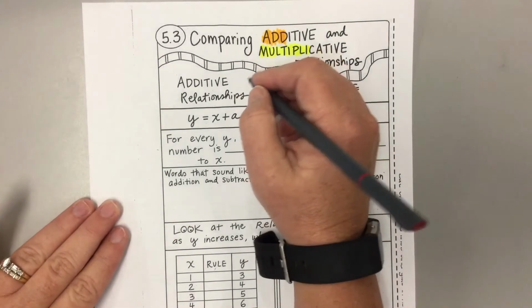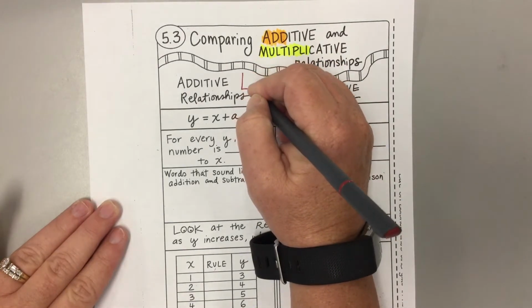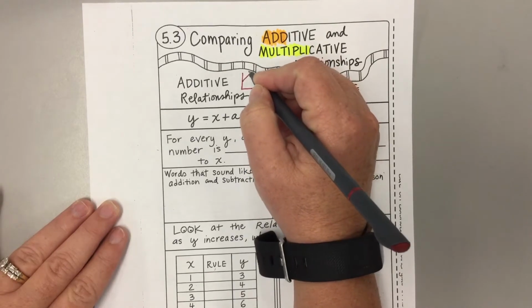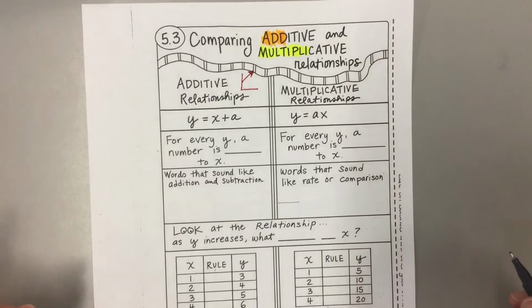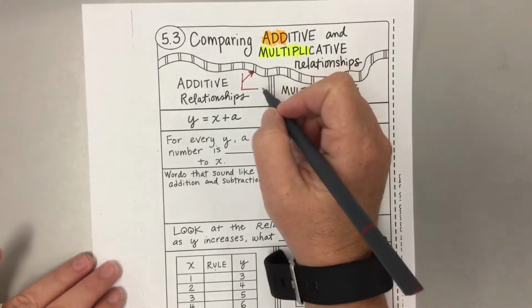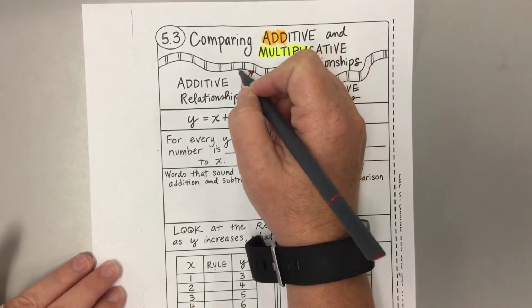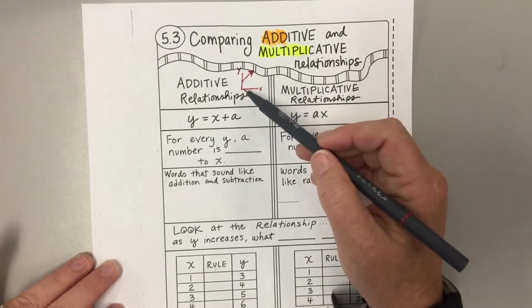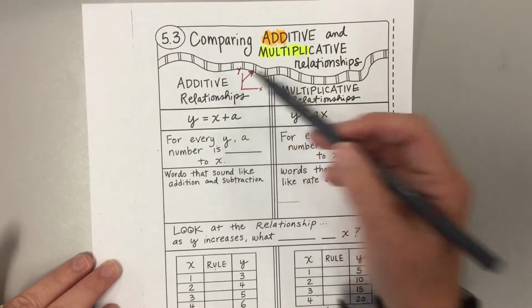So an additive relationship, the graph could start anywhere on your y-axis. So notice that this would be my x-axis, this would be my y-axis. So my graph would start usually up somewhere on the y-axis.